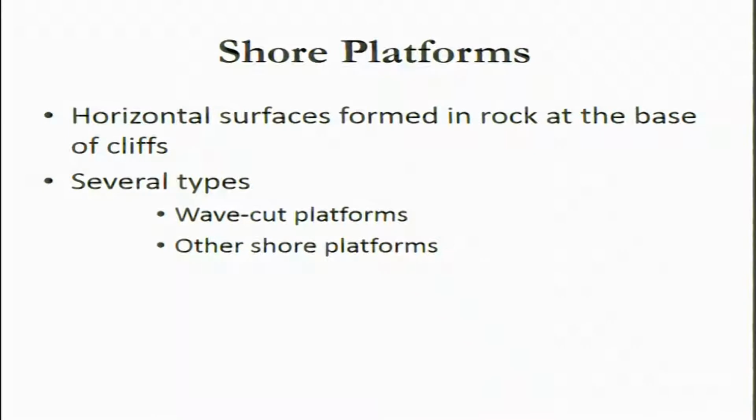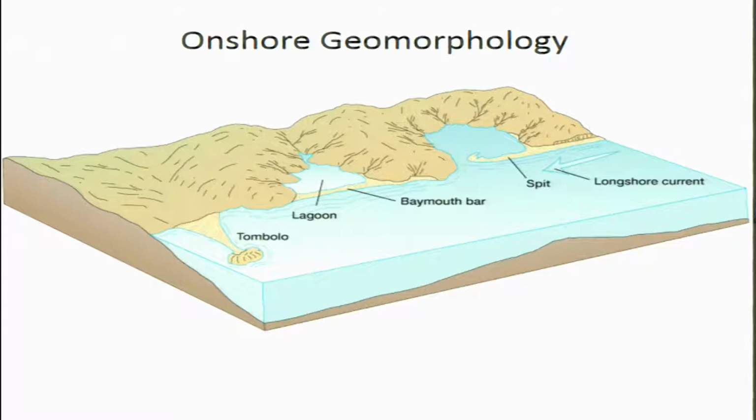Now shore platforms are the horizontal surfaces formed in rock at the base of the cliff. Okay. So you have, for example, a rocky cliff coming like that, and then you have a shore platform. Okay. So the shore platforms or the wave cut platforms are the erosive platforms at the present sea level. Okay. This is what we were talking about.